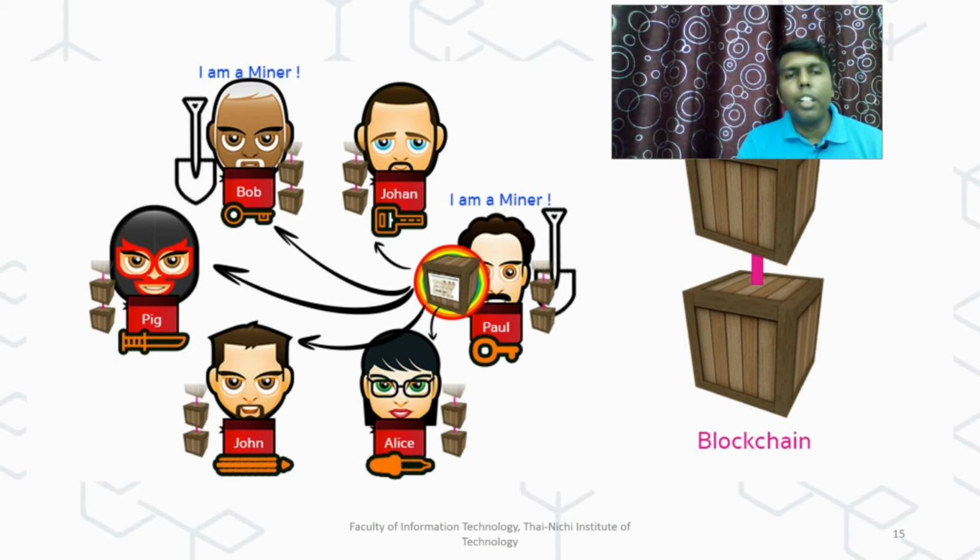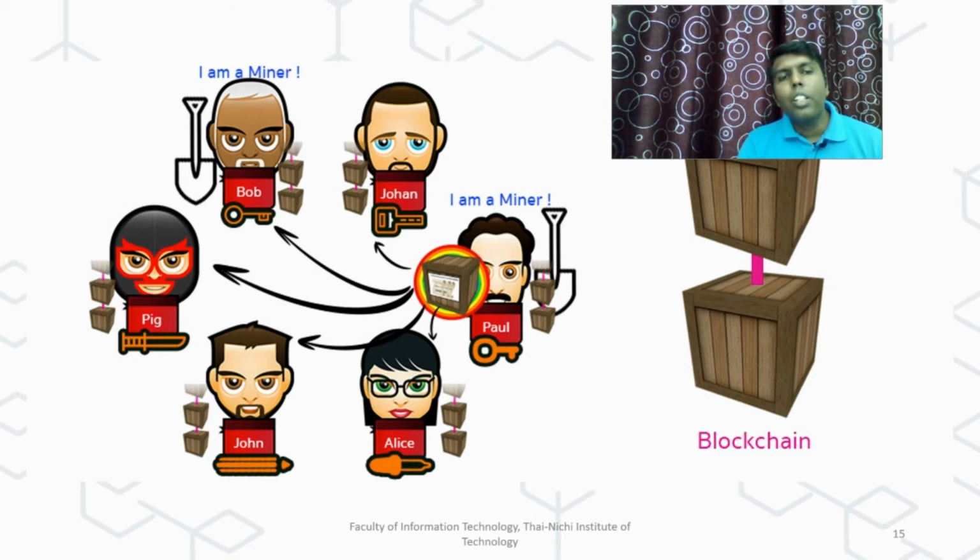If Pig tries to change anything, the other remaining nodes will say this transaction is not valid. So even if Pig is not approving, it gets the approval from Bob, Johan, John and Alice, so Paul's transaction gets validated.